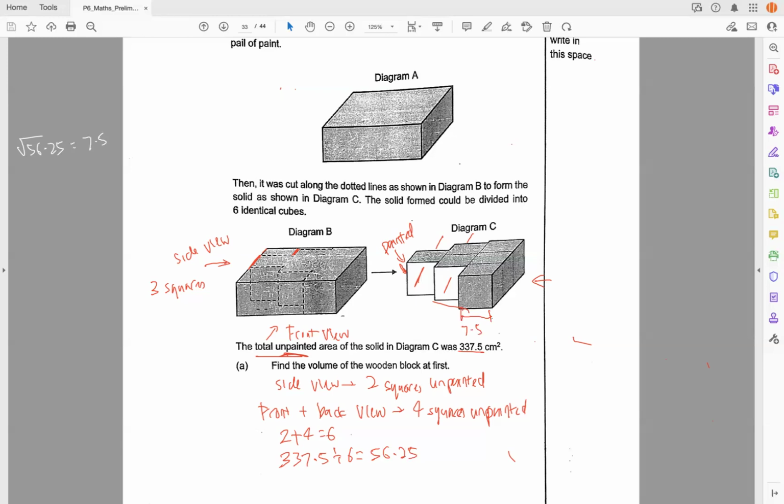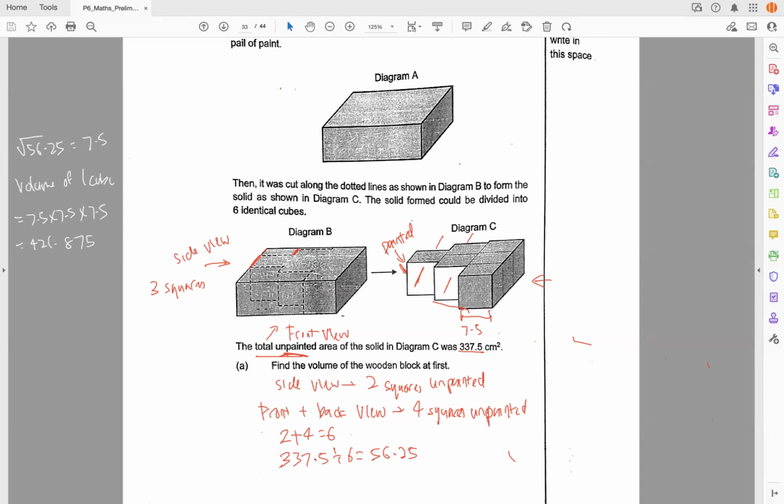Volume of 1 cube will be equal to 7.5 multiplied by 7.5 multiplied by 7.5, and you get 421.875. This is the volume of 1 cube.